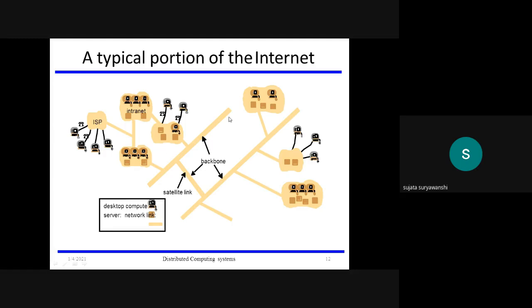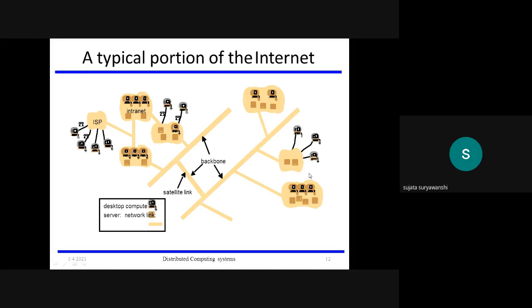With the help of backbones, all the systems are connected to the network. This is the example of the internet, where all the systems are connected to each other with the help of backbones and networks. Networks can be leased line, broadband, or any other type of network.